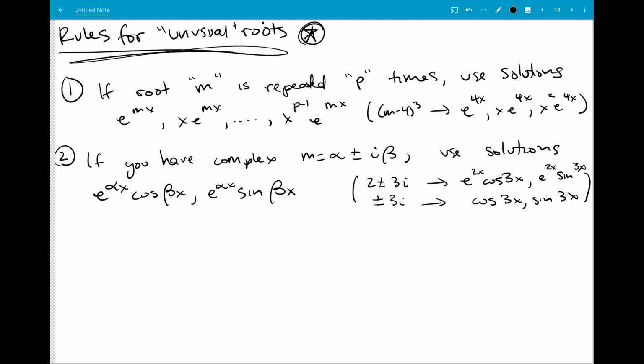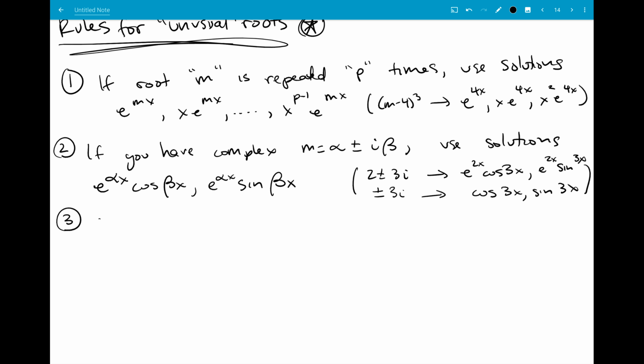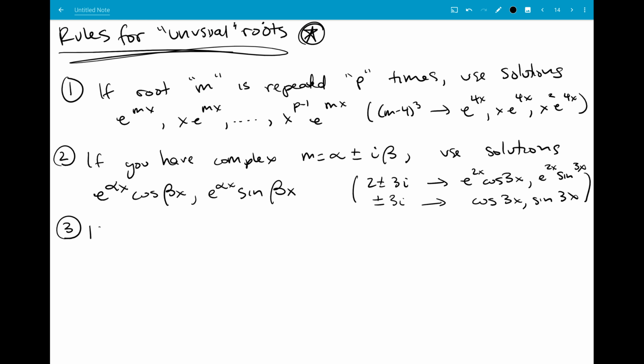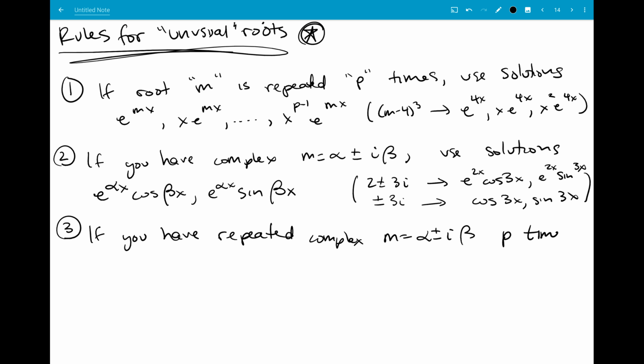And then the last one I actually haven't given you yet, and it's going to be a combination of these two things. If you have repeated complex roots, you just combine the two rules, and you can do it however many times you have to. So we'll do it again p times.